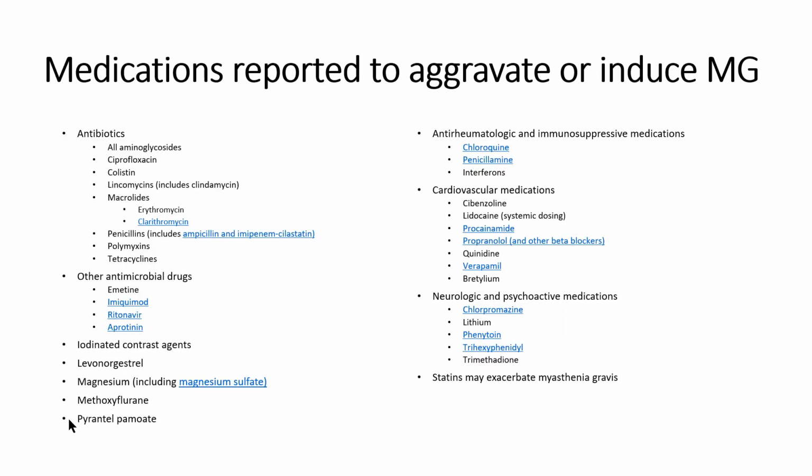Now, medications reported to aggravate or induce myasthenia gravis. The point is not to memorize all of these, but to know that if you have a patient with myasthenia gravis in your practice or that you encounter in the emergency department, it will be key to look up any medication that you plan to give the patient and make sure that it's not contraindicated in myasthenia gravis.